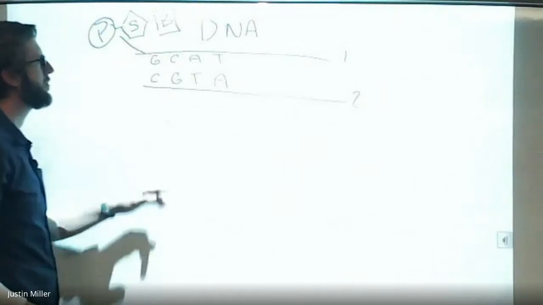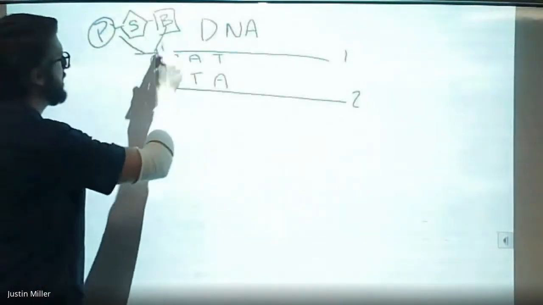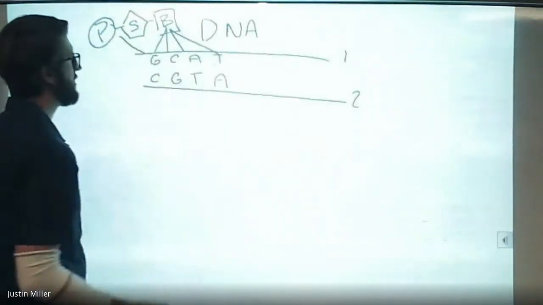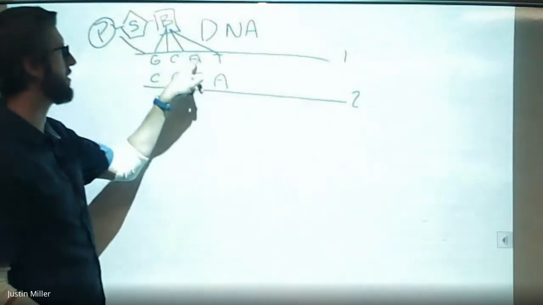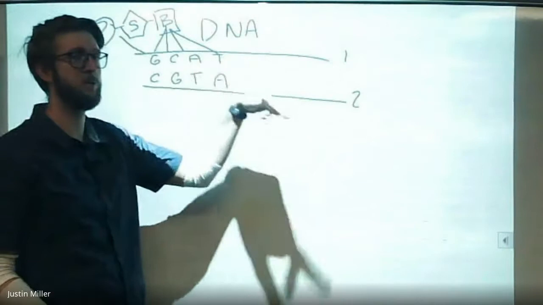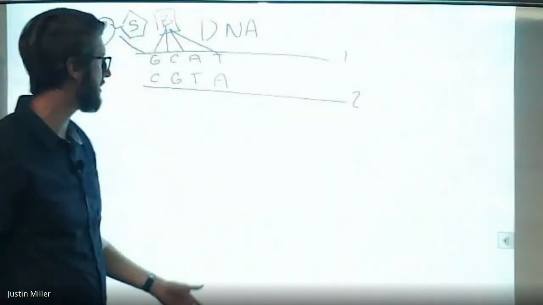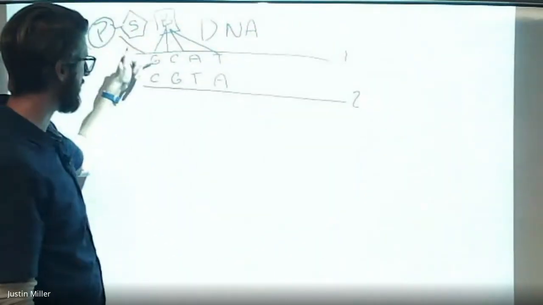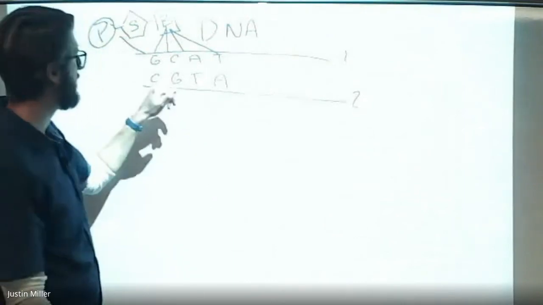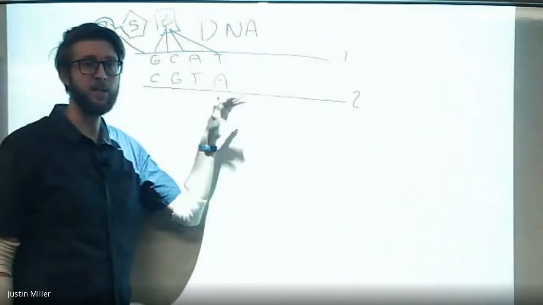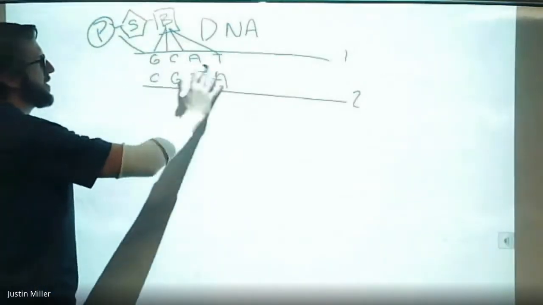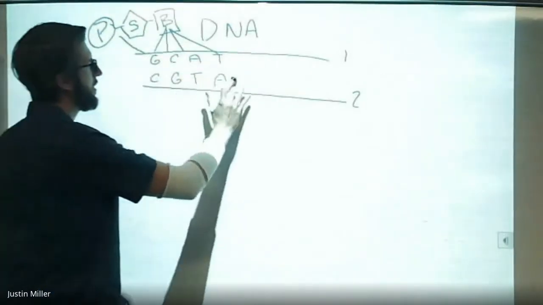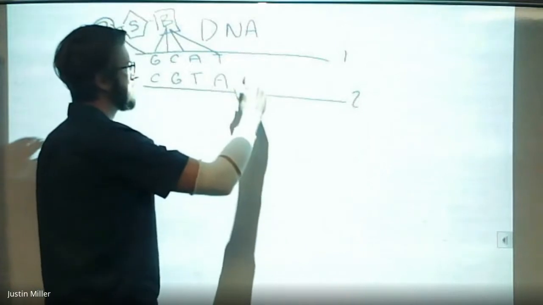Now that base could be either a G, a C, an A, or a T. So this is phosphate sugar G, phosphate sugar C, phosphate sugar A, phosphate sugar T. And across from it, as we know the base pairing rules, car in the garage, C and G always go together. Apple in the tree, A and T always go together.